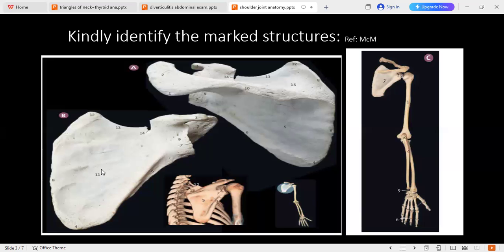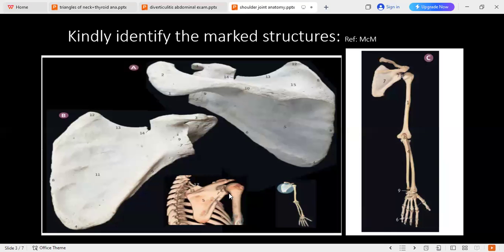If you can move down and identify 7, it's very small to locate. I'll tell you, it's the coracoid process, margin of glenoid cavity, it says.